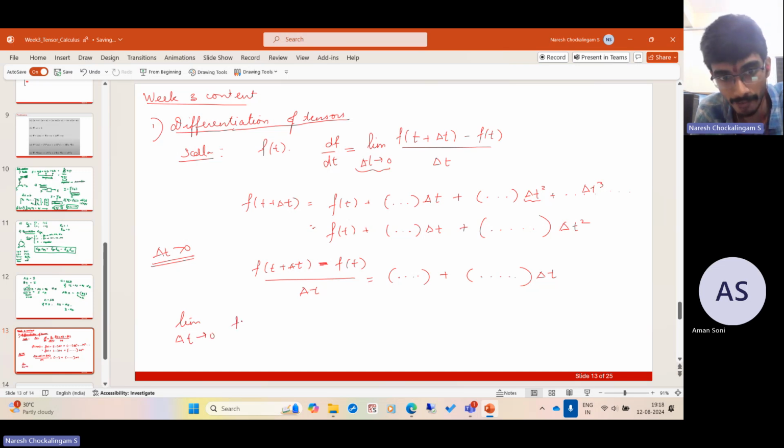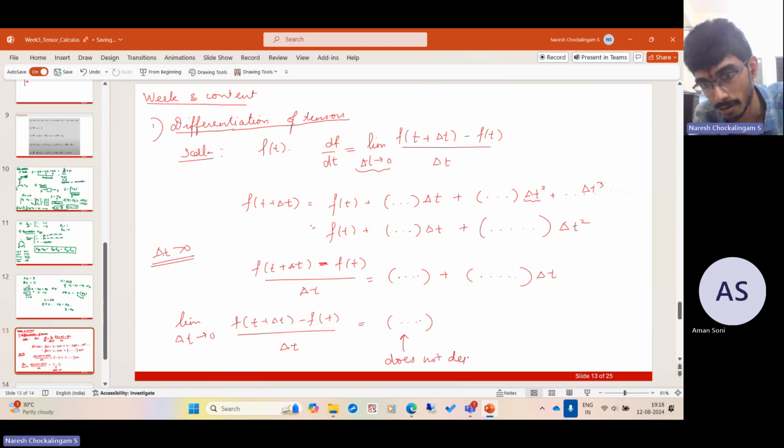What happens? You get f of t plus delta t minus f of t by delta t is equal to a certain quantity that does not depend on delta t, plus the limit delta t tending to 0.